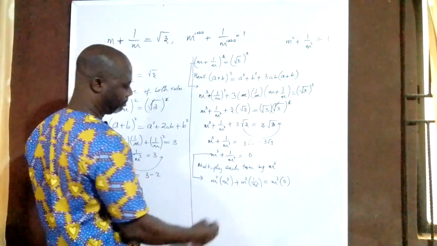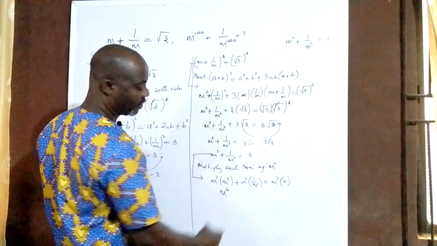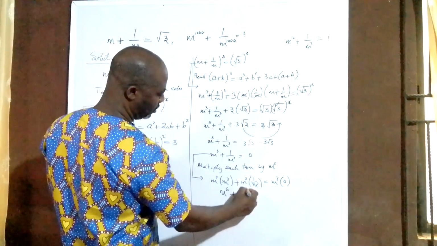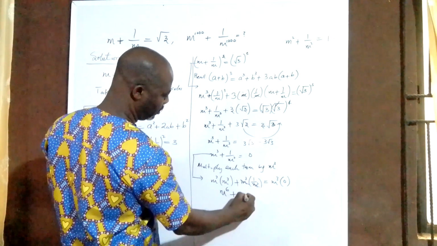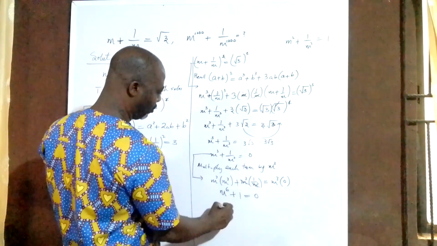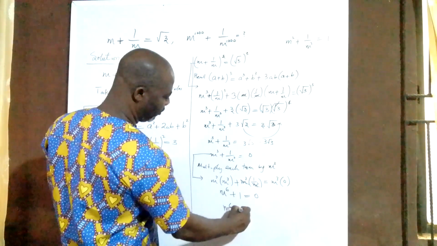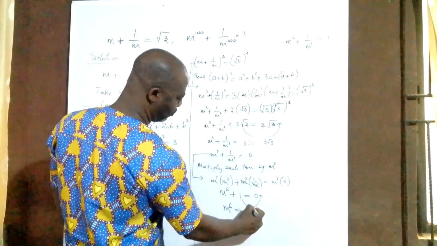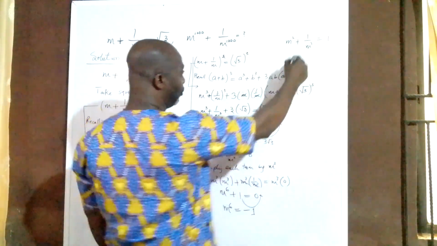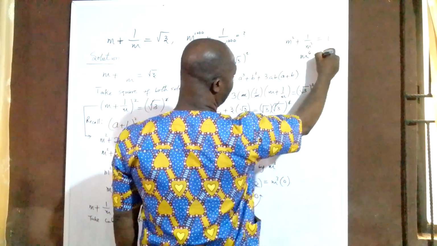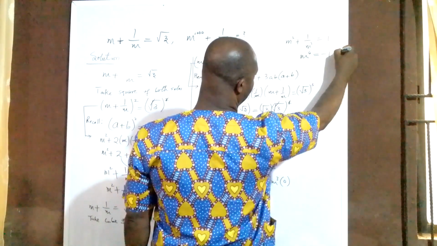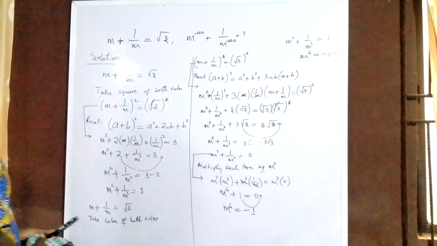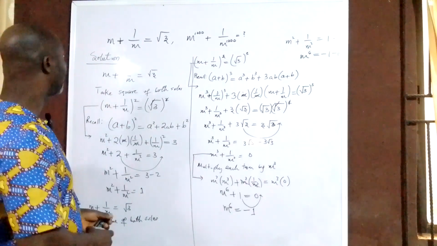So this will give me m to the power of 6 plus 1 equal to 0. So when I take this over, I have minus 1. So m to the power of 6 equal to minus 1. Okay, so we continue with the equation.